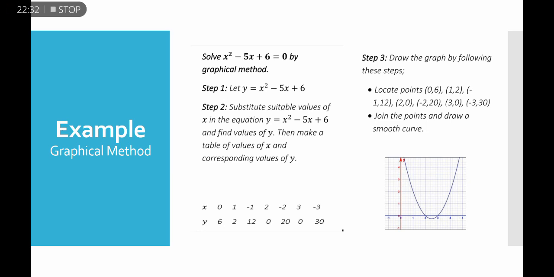Then make a table of values of x and corresponding values of y. Step 3. Draw the graph by following these steps. Locate points on the graph and then join the points and draw a smooth curve as shown in the figure.